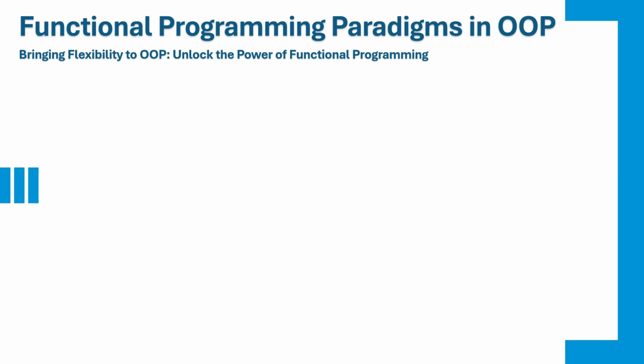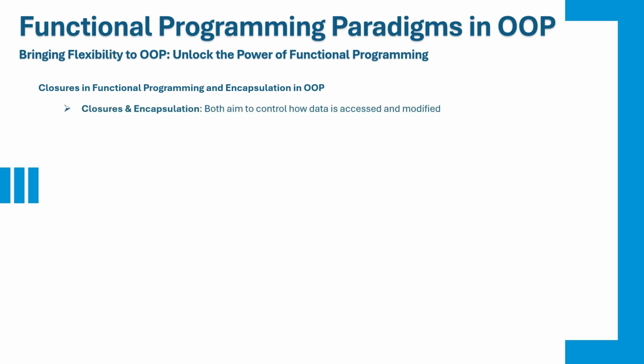Now, let's talk about how two different programming paradigms manage access to data: closures in functional programming and encapsulation in OOP. Although these two paradigms seem different, closures in functional programming share a common goal with encapsulation in OOP. Both aim to control how data is accessed and modified. Let's start with closures.